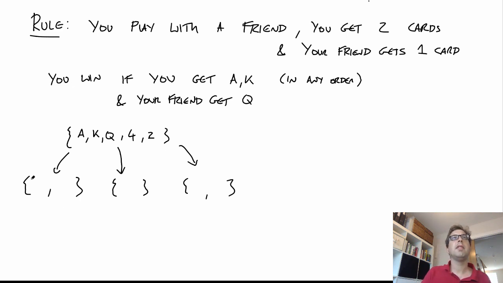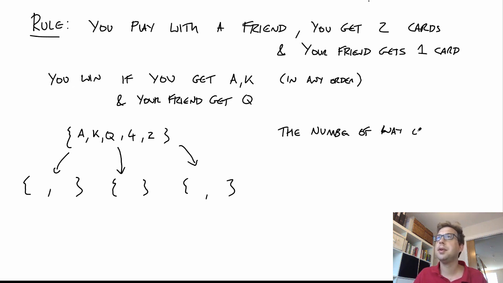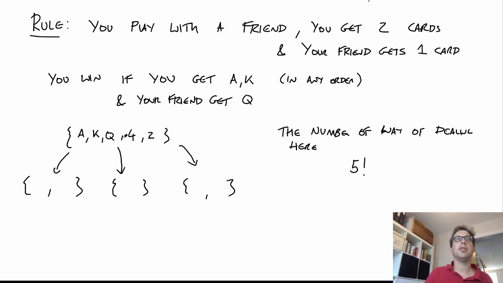And so the number of ways of dealing out these cards, well, you don't care if it's ace then king or king then ace. So the number of ways of dealing here was going to be 5 factorial for the total number of ways I could deal out where the order didn't matter.